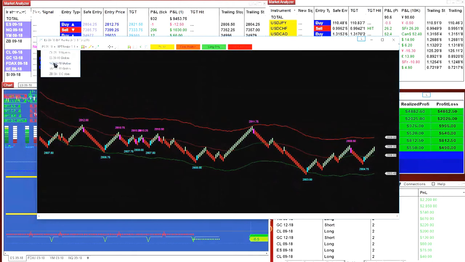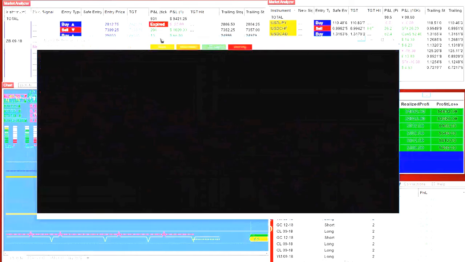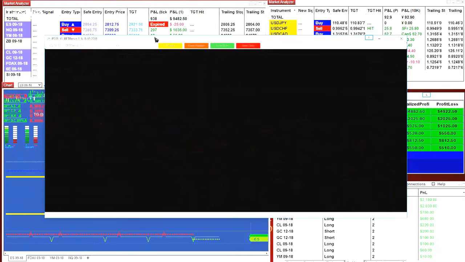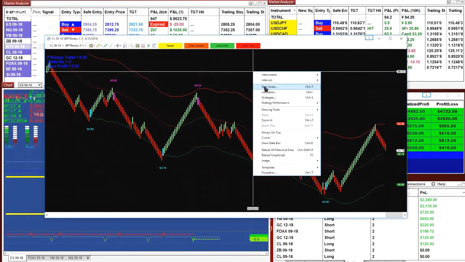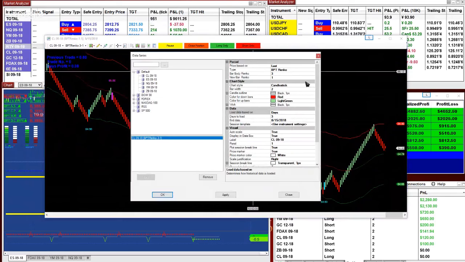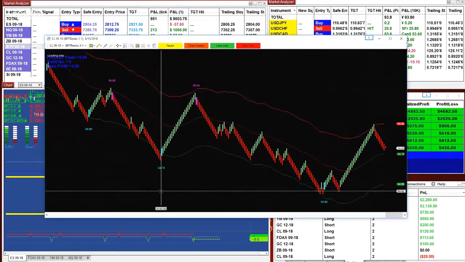Let me show you another instrument, and it will be the same story, and much better stories actually. And now, because it's a CL, I want to use a 6-2 Renko bar on the CL, and you can always do the session.